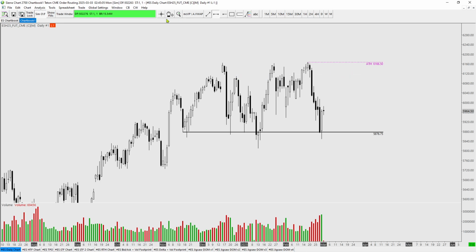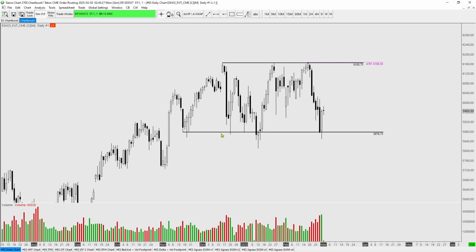I don't love it. I guess we could call it the all-time high. The top side is a little bit more tricky. I will call it this one, which aligns with our all-time high as well.